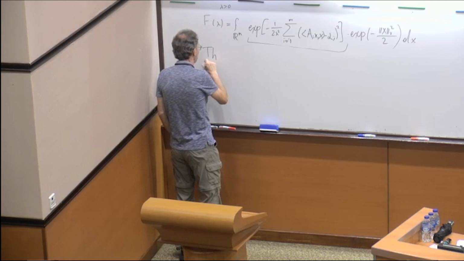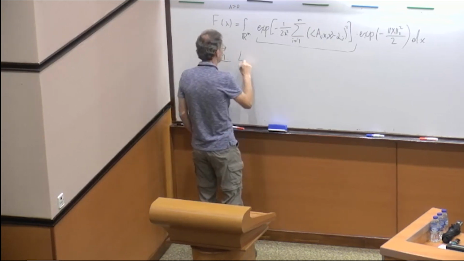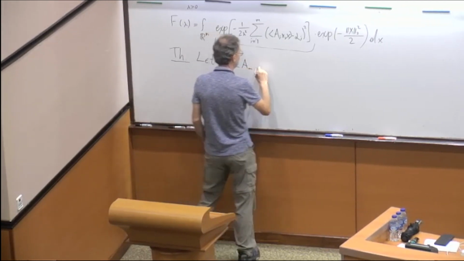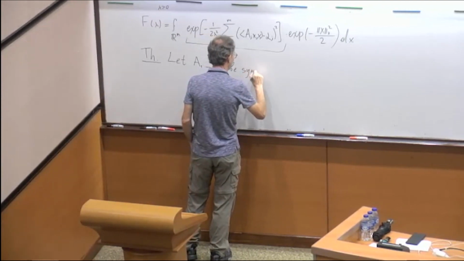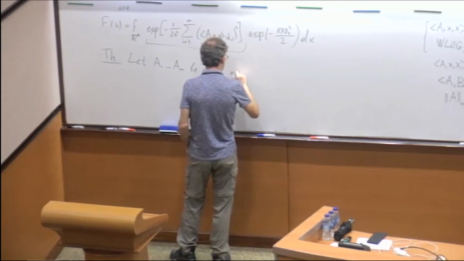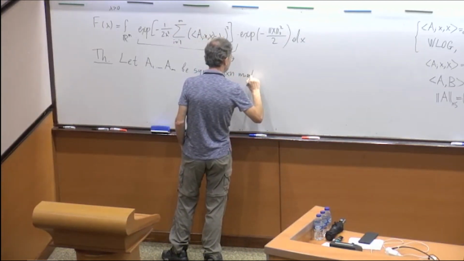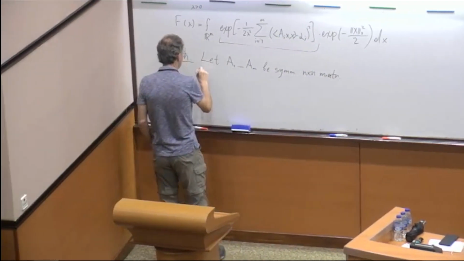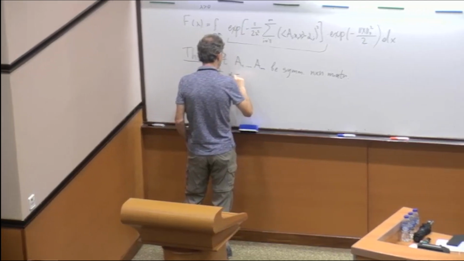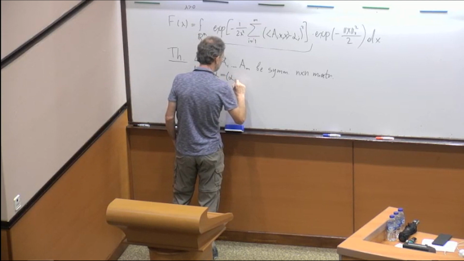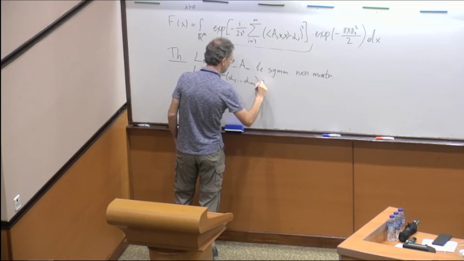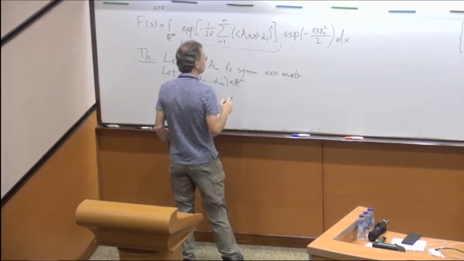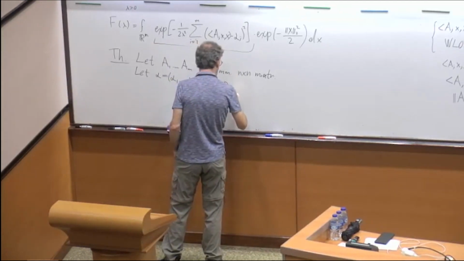And we have a condition, so let A1, etc., Am be symmetric n by n matrices, and let alpha be the vector of the right-hand sides, and let me introduce another function. I'll talk about it a minute later.